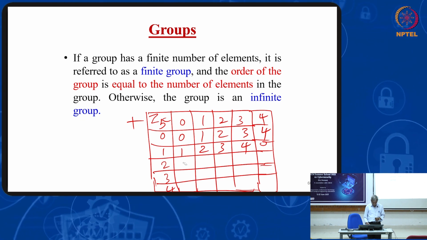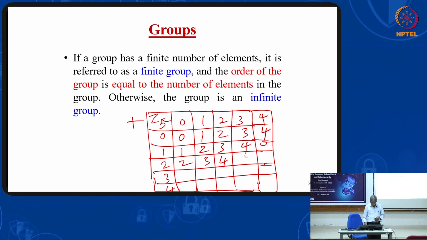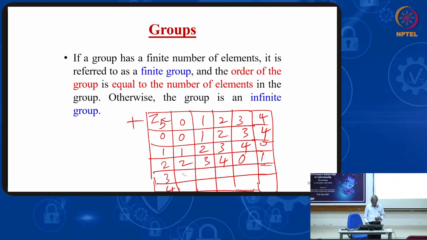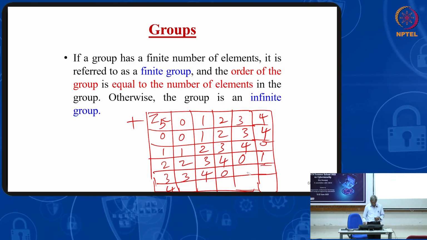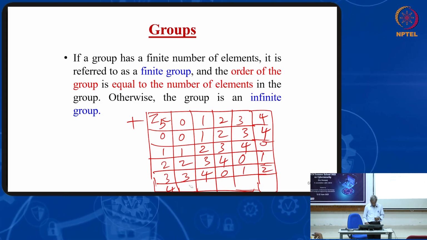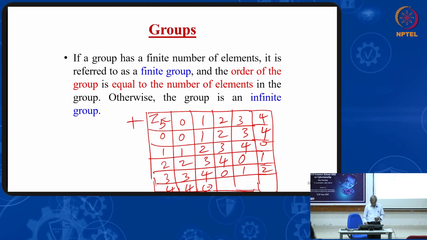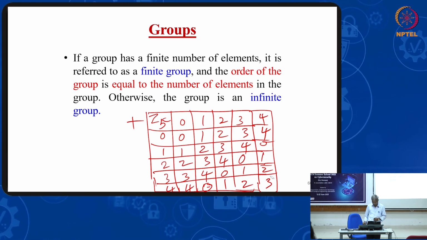Here 2, 3, 4, 0, 1. Here 3, 4, 0, 1, 2. Here 4, 0, 1, 2, 3.